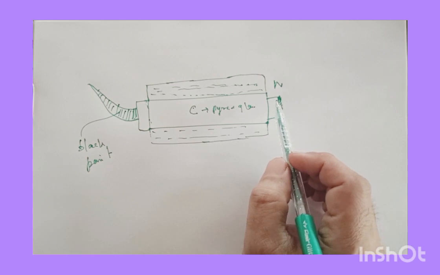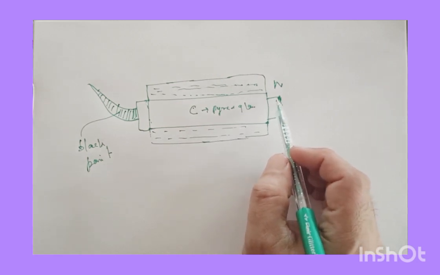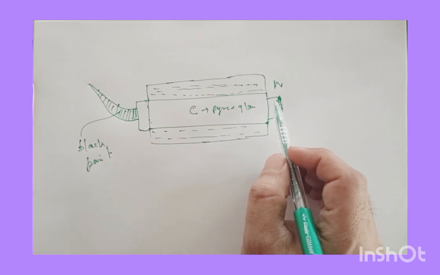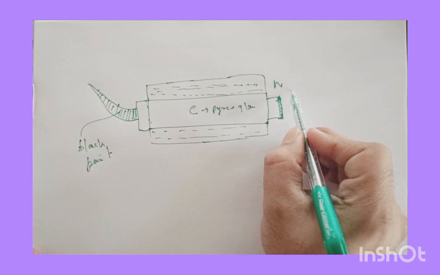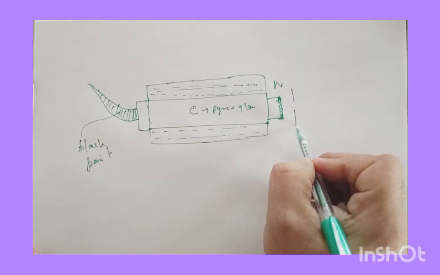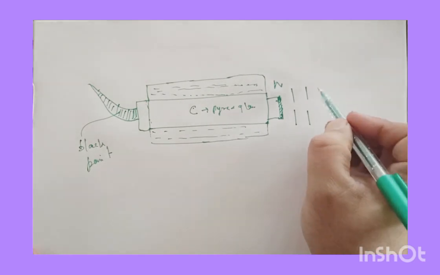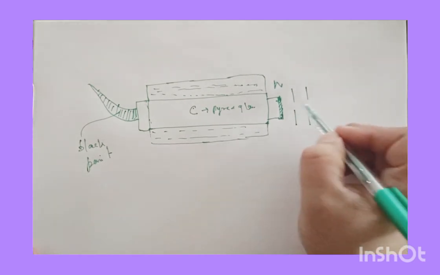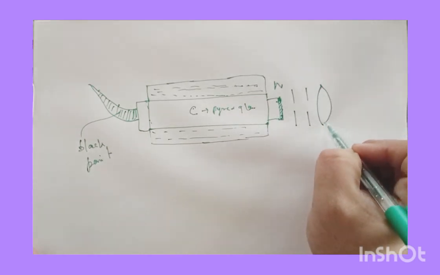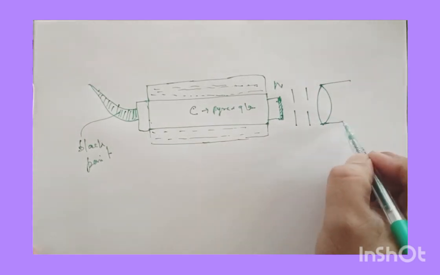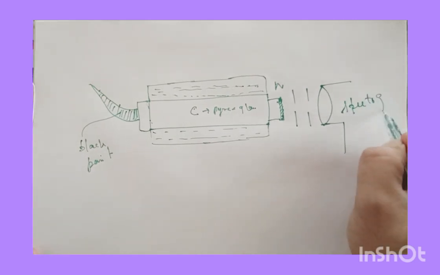After that we have the focusing lenses. What we receive from here is focused, and then we have a spectrograph.